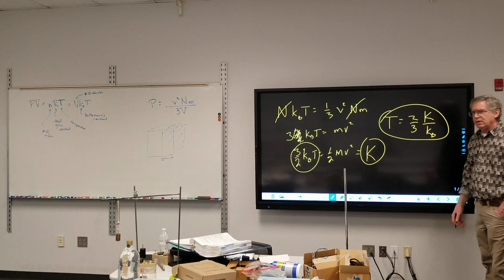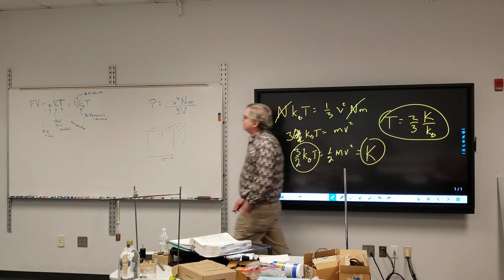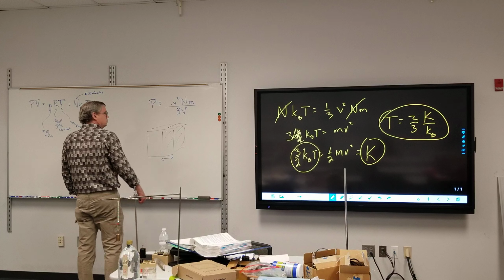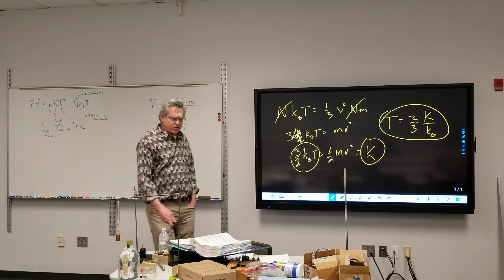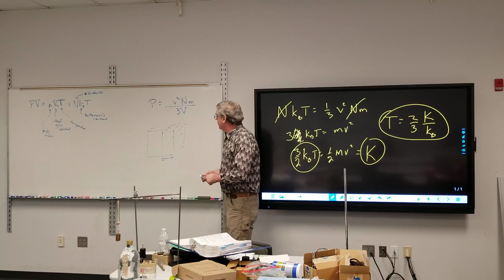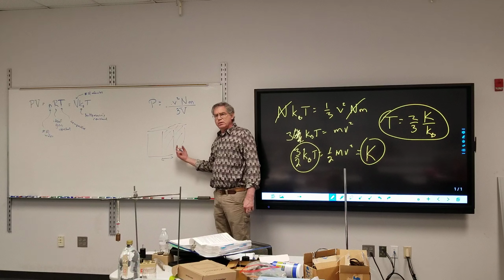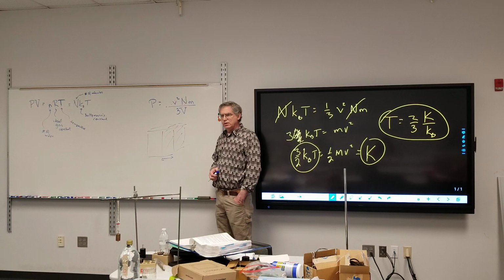Dr. Fox, can you explain the equation above the box? Yeah, how do we get M? That was going back to what we had before. Before we were looking at the impulse and the momentum, and momentum has mass in it. That's where the M comes from.